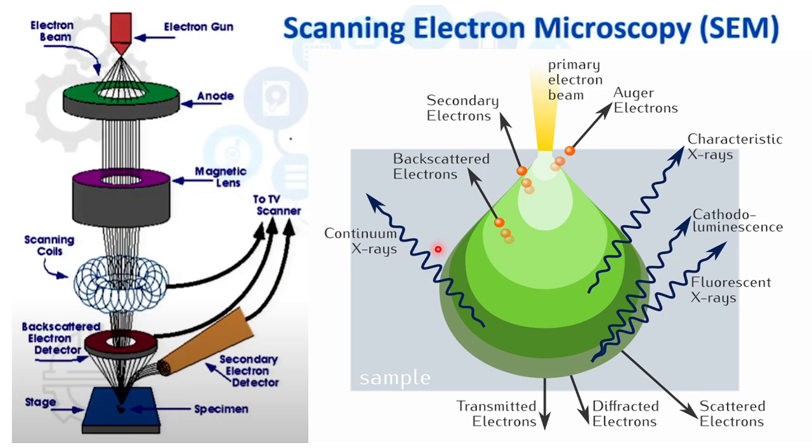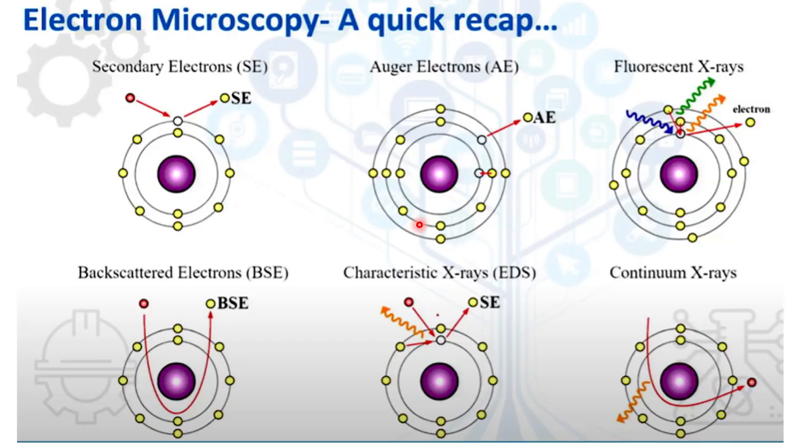First is the secondary electron, and then the backscatter electron. Through SEM, mainly these two types of electrons are detected. Others are Auger electron, characteristic X-ray, cathodoluminescence, diffracted electron or transmitted electron. Those are also generated. We have already discussed how secondary electron is generated.